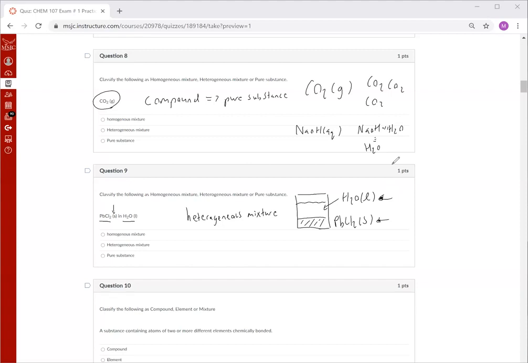Are there no exceptions? They have different states, but then they probably dissolve or something. The only exception would be if it has the aqueous symbol. So like NaCl aqueous and water would be homogeneous because aqueous means dissolved in water. Okay, that's the only exception.